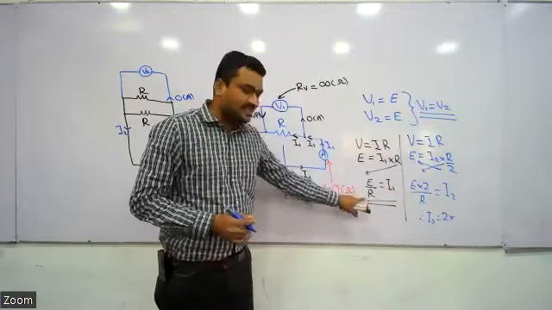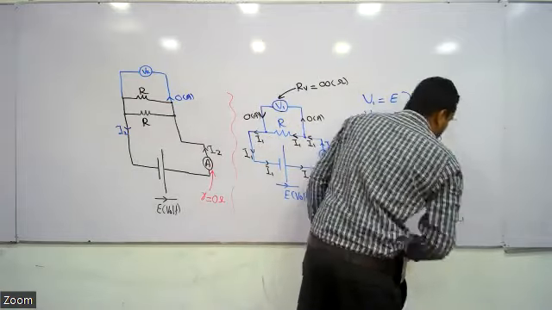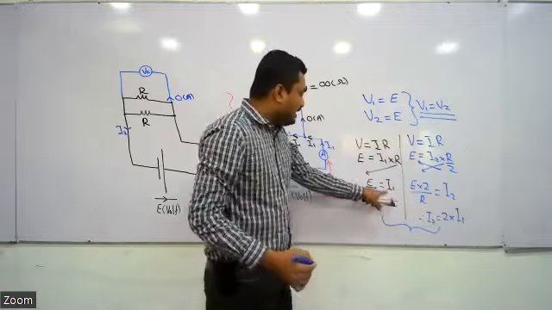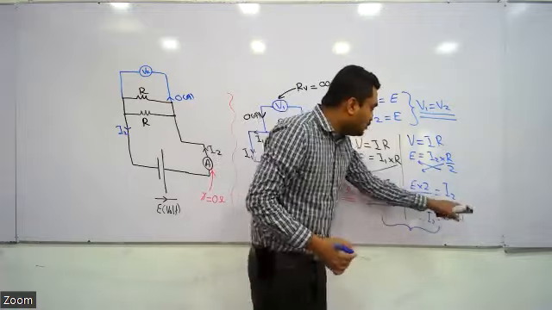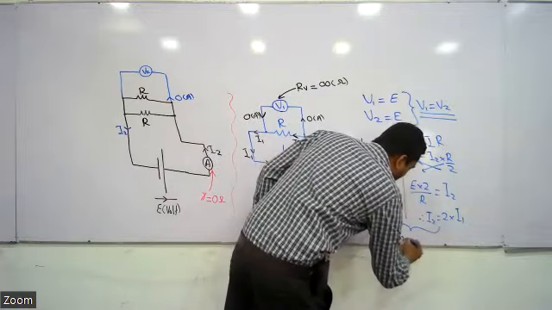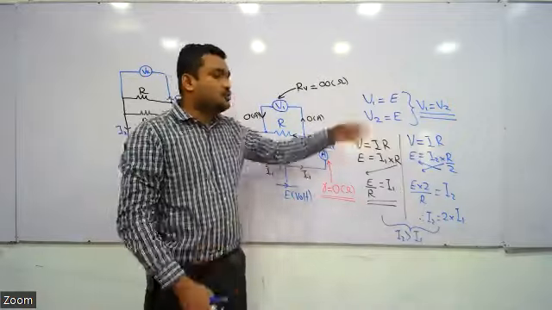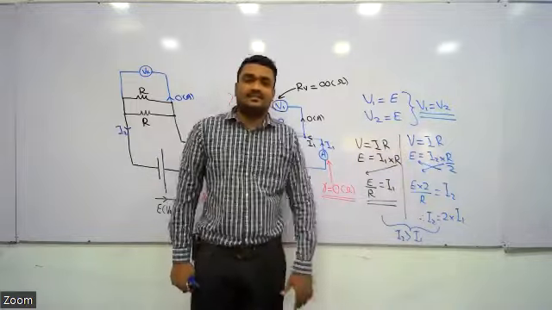What is E over R here? E over R is I1. So now, if you compare these two, I2 is 2 times I1. It means I2 is bigger than I1. So actually this is what you want to do in the examination. No need to write any of these things.